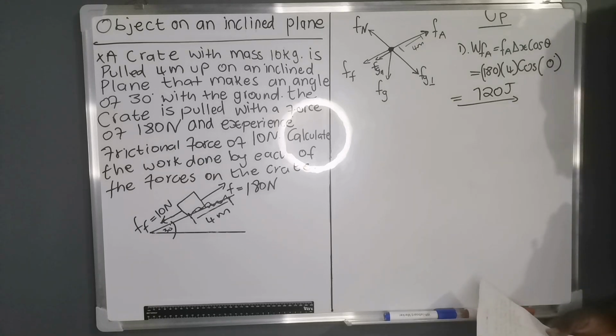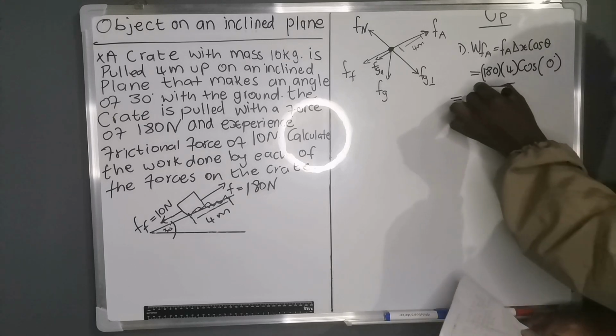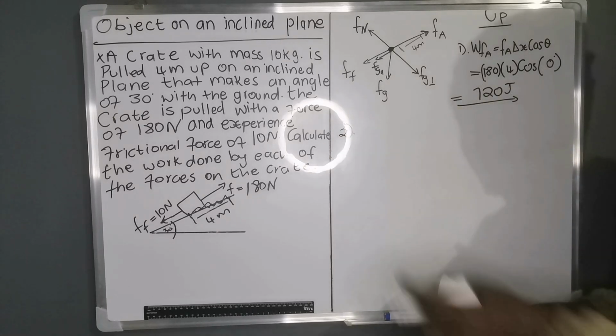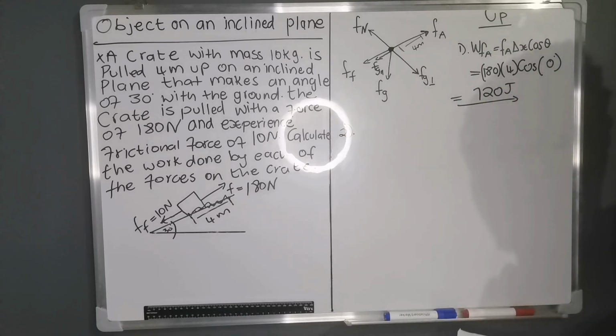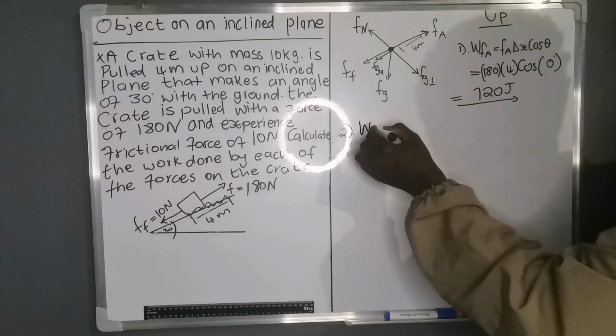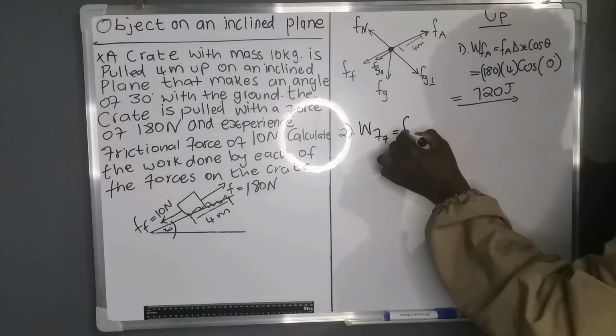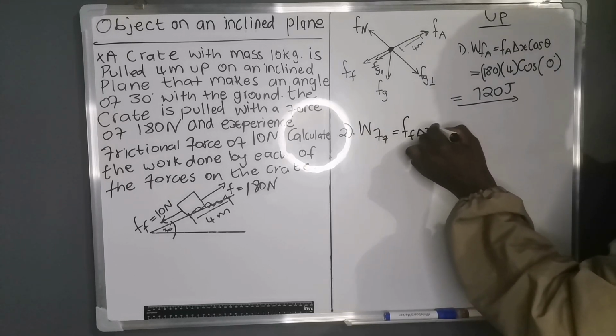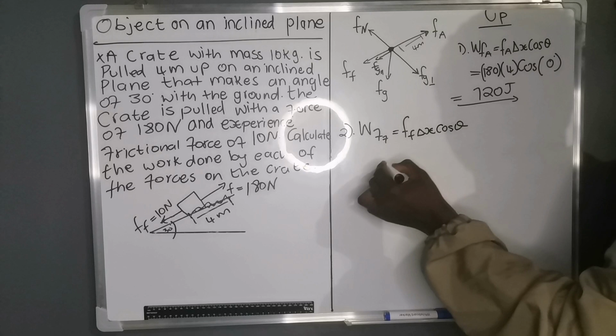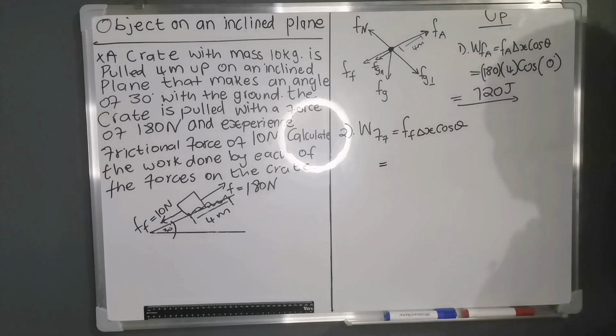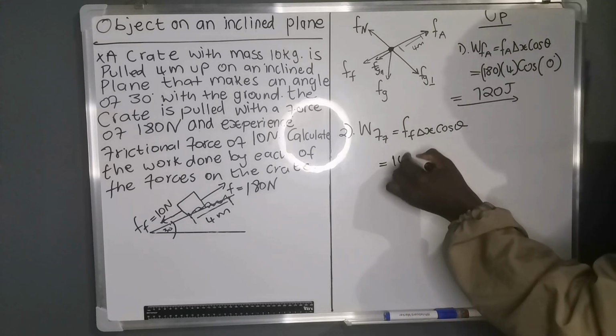Obviously, I told you about positive work and negative work. Number 2, we now find the work done by the frictional force. Work done by friction is the frictional force times change in x times cos theta. What's the value of the frictional force? 10 newtons.